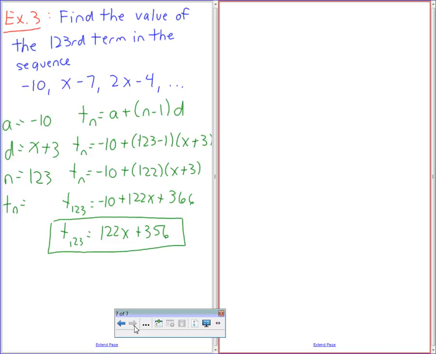All right. Example 4. Okay, this is a fundamentally important question for this unit. I'll be using this one a lot, so please sort of start beside this one. It says, find the number of terms in the sequence.